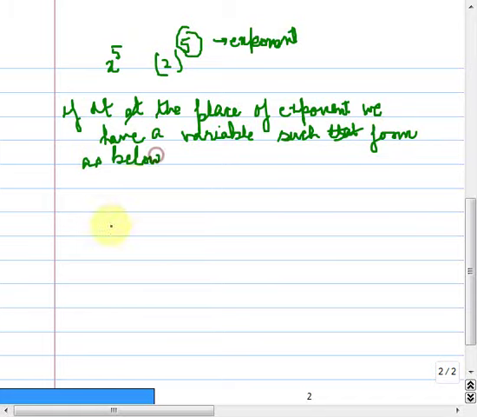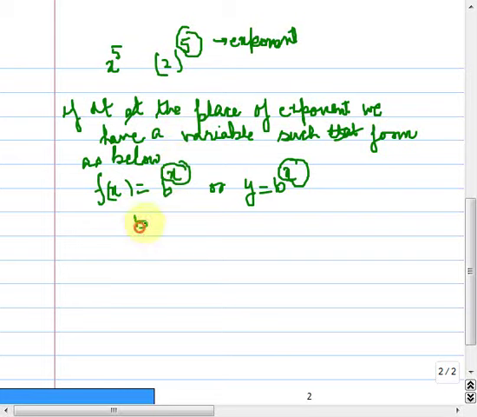f(x) is equal to b to the power x, or y is equal to b to the power x. That is, in the exponent position we have a variable, and such that b is greater than 0 and b not equal to 1, and x is a real number.